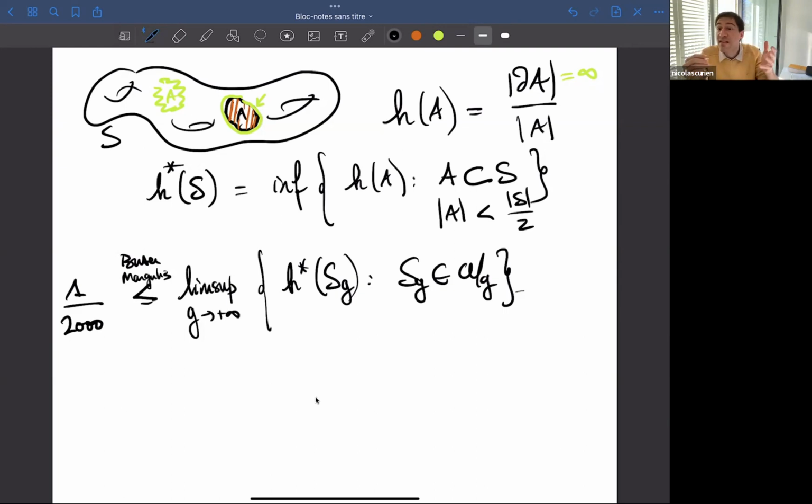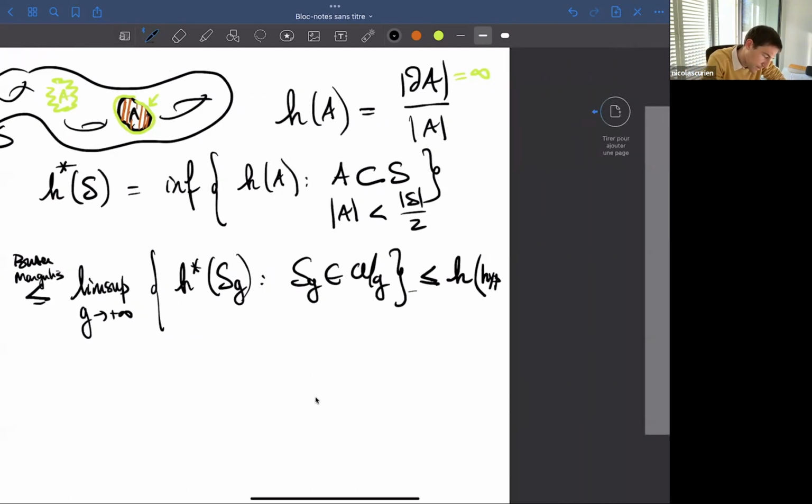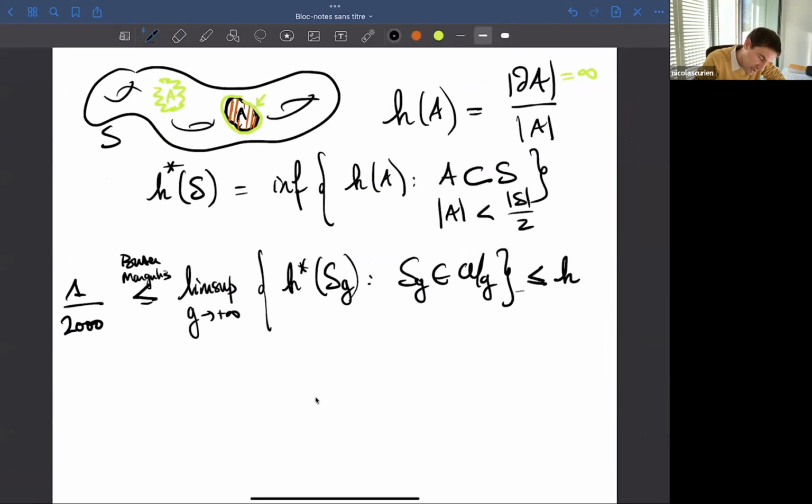So this is the existence of expander graphs or expander surfaces. And same story, this is less than h of the hyperbolic plane, which is the universal cover, which plays the role of the tree. Let me denote that by h star of the hyperbolic plane. And this is just 1. This plays the role of my d minus 2.